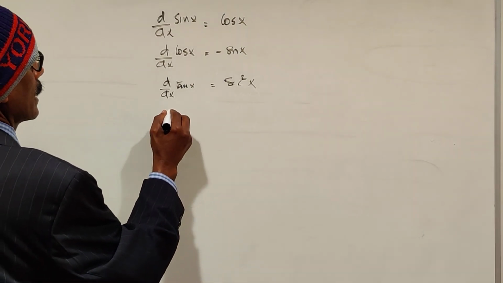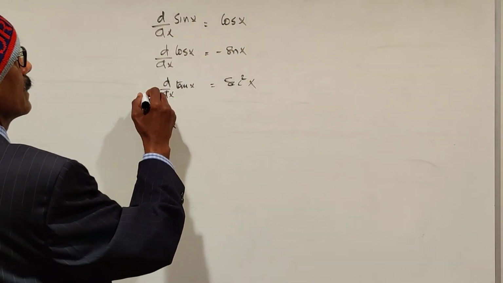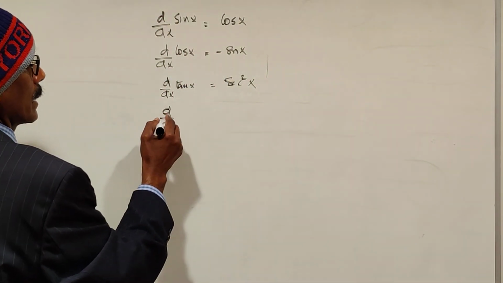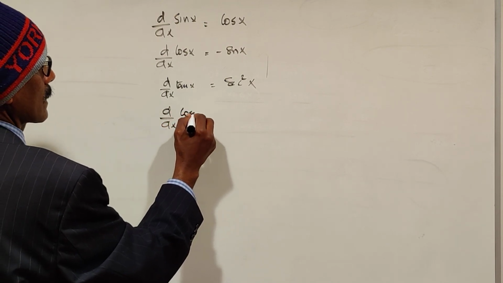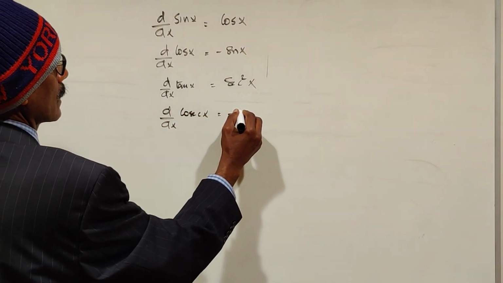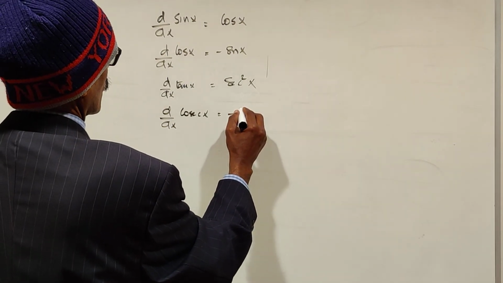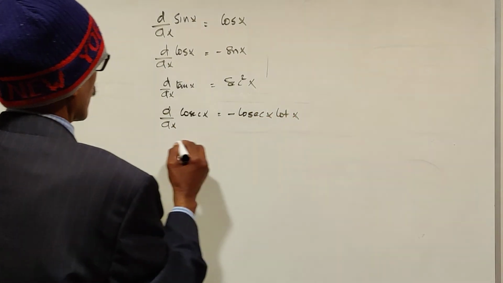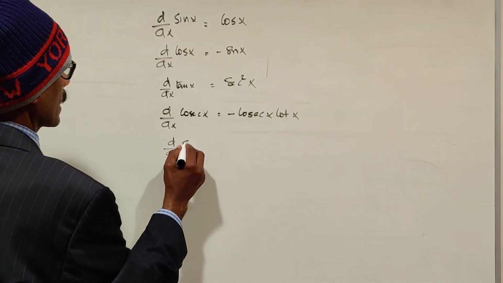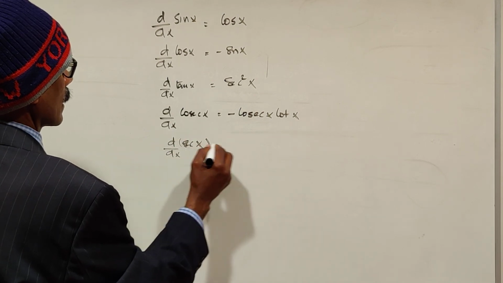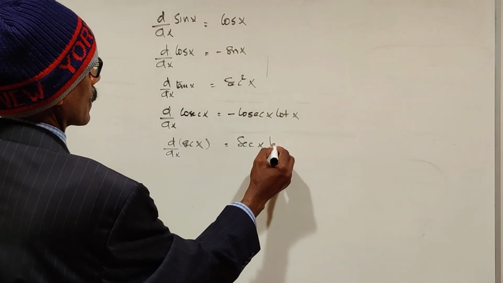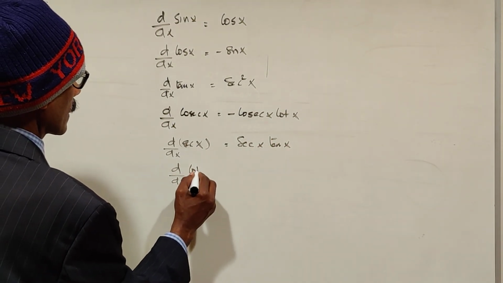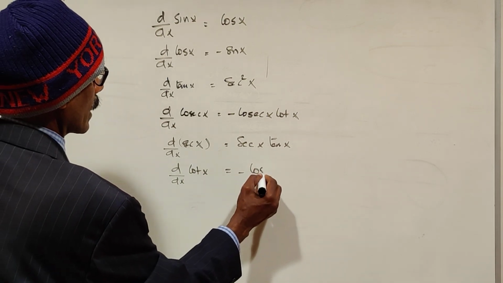Okay, next, we derived these 3 yesterday. Today, d by dx of cosec x is minus cosec x cot x, d by dx of sec x is sec x tan x, then d by dx of cot x is minus cosec square x.